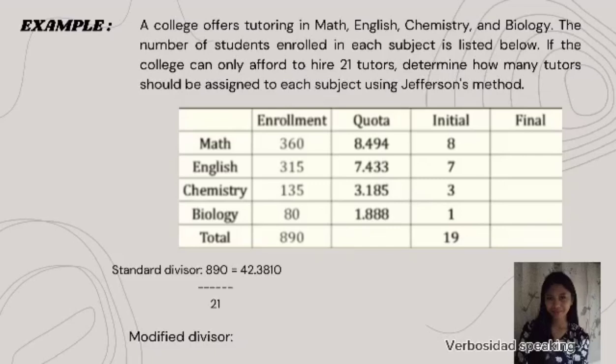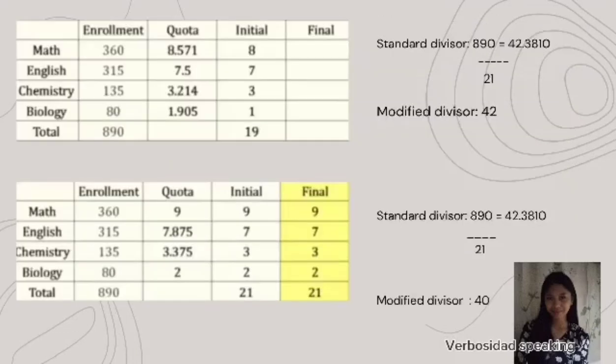So let's change our standard divisor. Let's try a divisor of 42. For math, 360 divided by 42 is 8.571. For English, 315 divided by 42 equals 7.5 and so on.